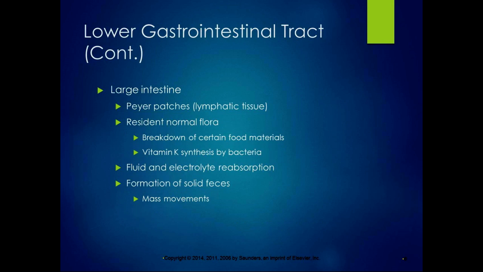The lower gastrointestinal tract consists of the large intestine. It also has lymphatic tissue that's called Peyer's patches. Most of the gastrointestinal tract does not have resident normal flora, but the lower gastrointestinal tract does, to help break down certain food materials. And vitamin K is synthesized in the large intestine by bacteria. Vitamin K is a big part of clotting factors.